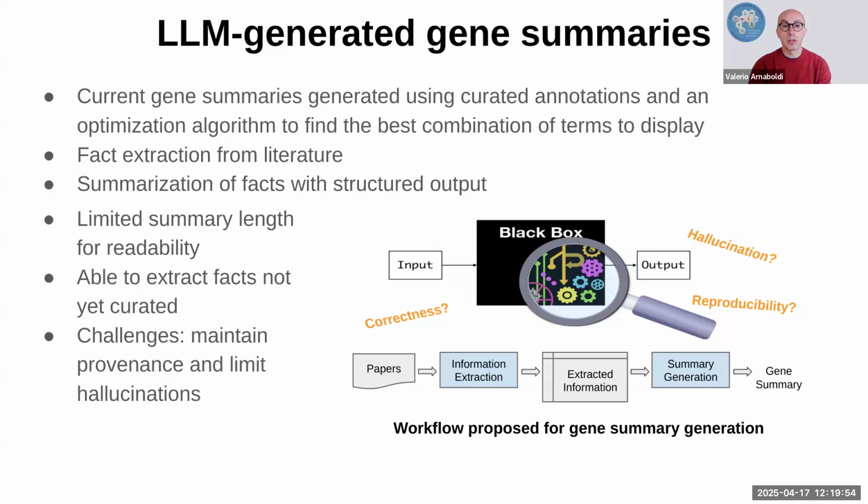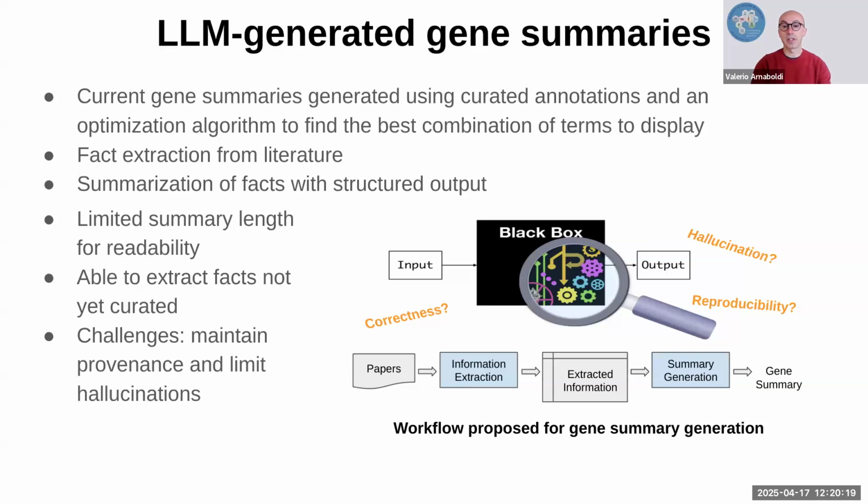For this project, we want to try to use LLMs to automatically extract unstructured information from the literature and generate gene summaries directly from this information without relying solely on curated annotations. So the pipeline of this project is divided in 2 steps.